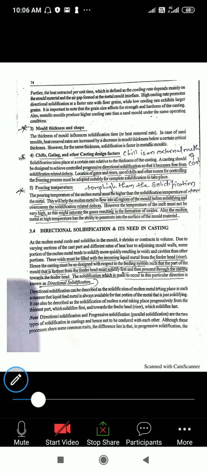Now there is directional solidification and its need in casting. What do you mean by directional solidification?